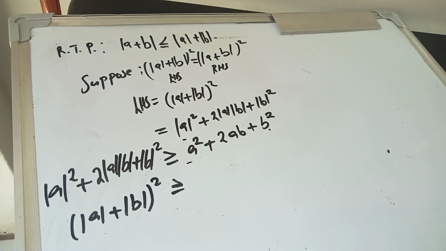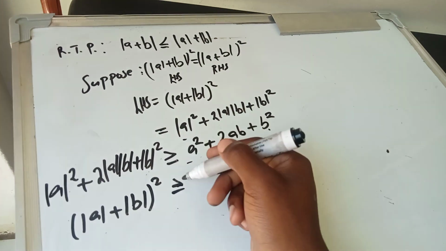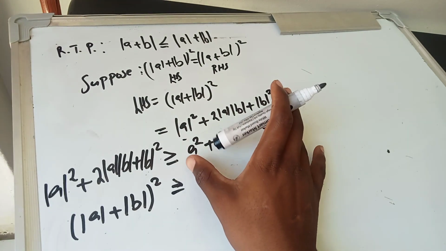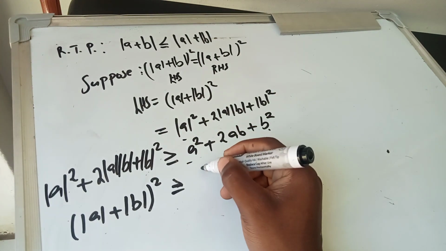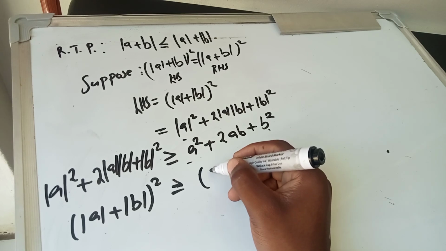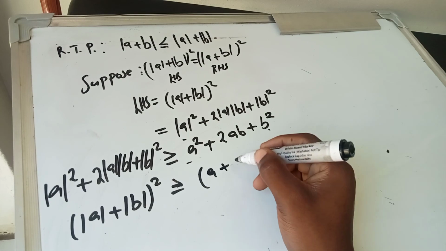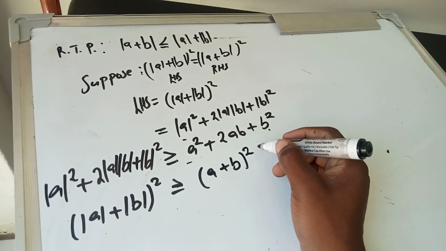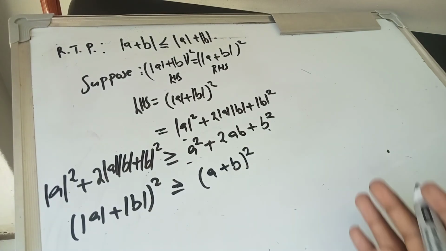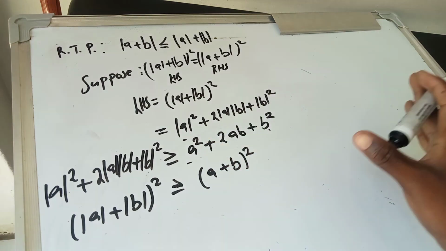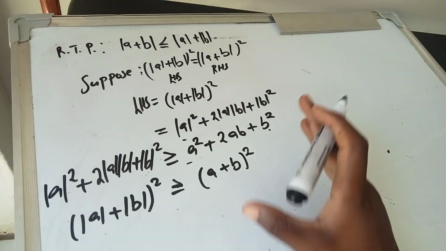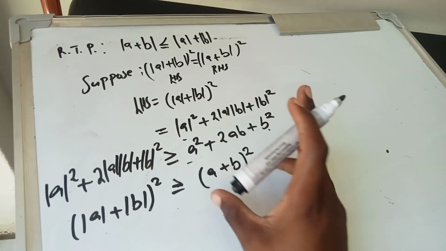This is greater or equal to this sign, and remember, in the place of this, I can just write this as a plus b all squared. You can open two brackets, find factors and all that, but trust me, this will bring you here.